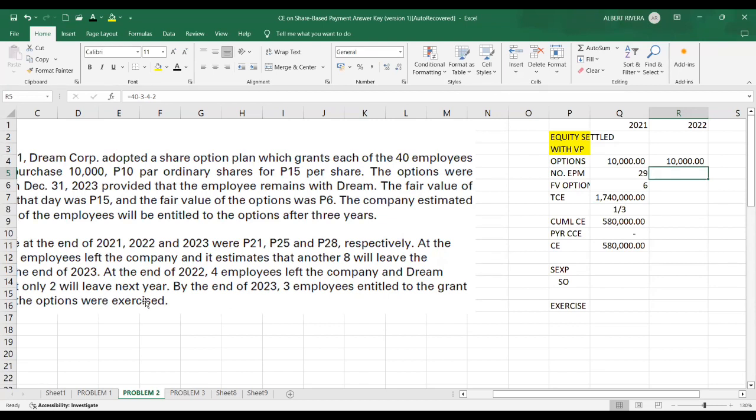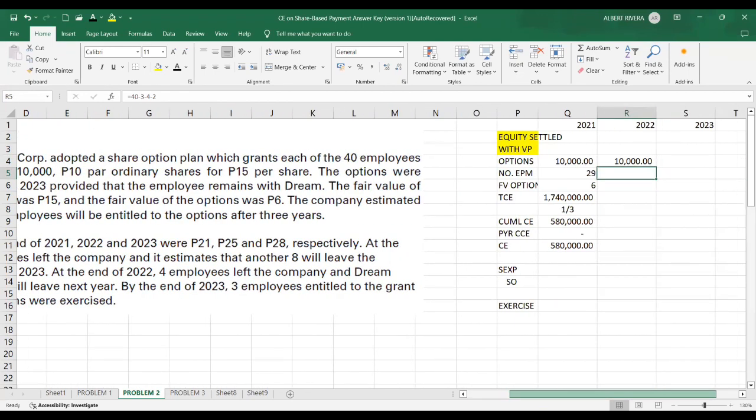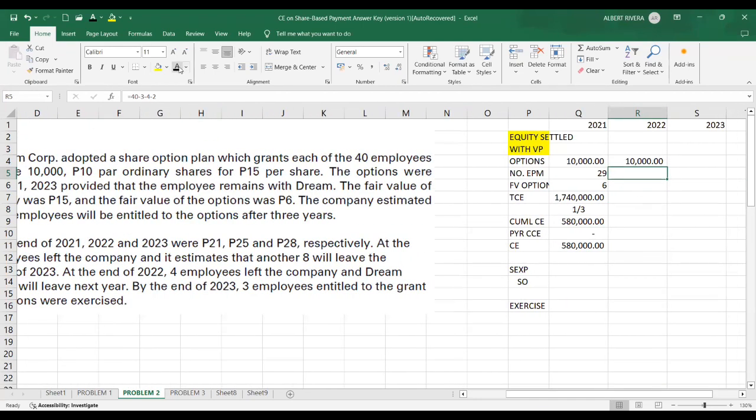So that should be 40 minus 3 in 2021, minus 4 in 2022. Those are the actual numbers of employees who left, and minus 2, the estimated number of employees to leave the entity at the exercise date. So this is now how many employees? That is 31.